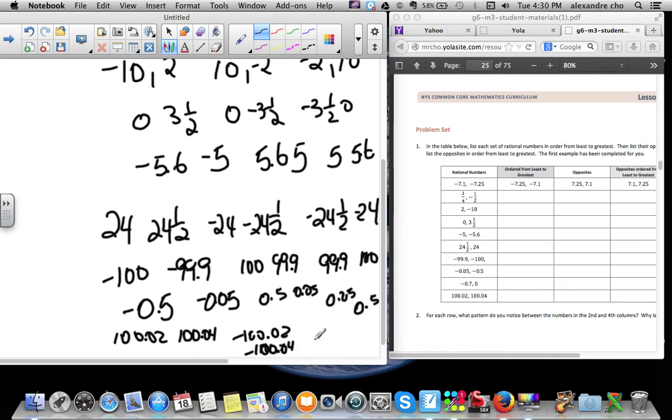Between those two numbers, the smaller one is negative 100.04, and the bigger number would be negative 100.02. Okay, are there any patterns that I noticed between the second and fourth columns? They're opposite. They're reversed. Yeah, the order is reversed.